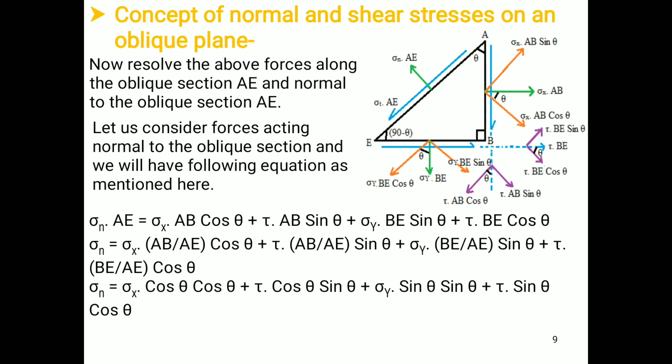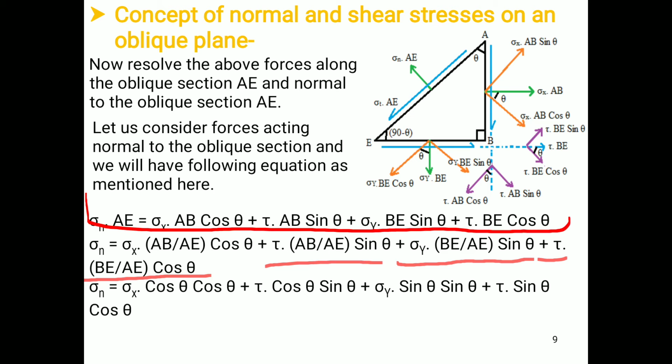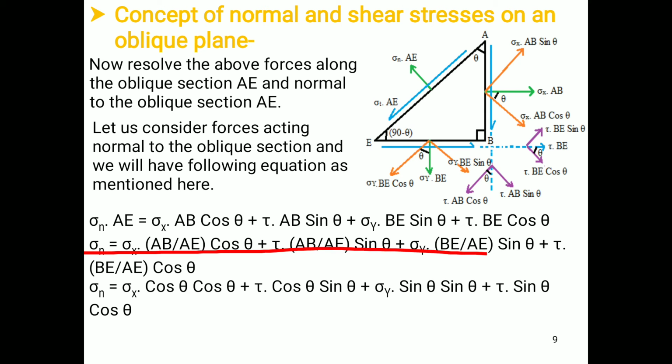Therefore sigma n is equal to sigma x into AB upon AE cos of theta plus tau into AB upon AE sin of theta plus sigma y into BE upon AE sin of theta plus tau into BE upon AE cos of theta. So what we have done for this equation, we have divided by AE. After dividing by AE we have this particular equation.